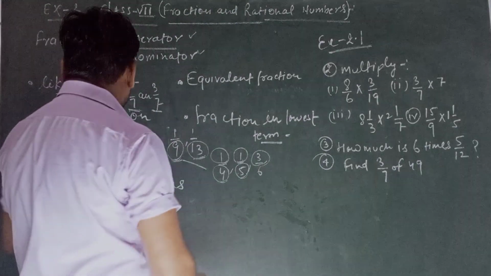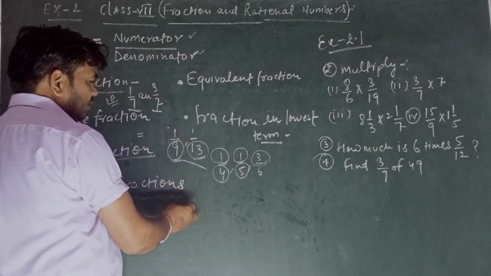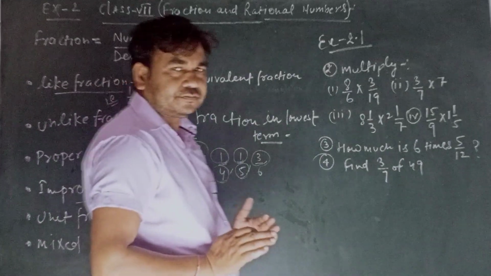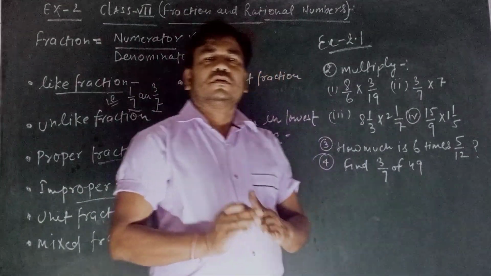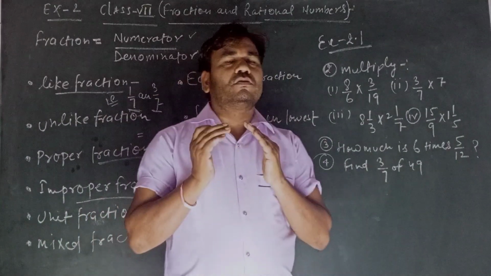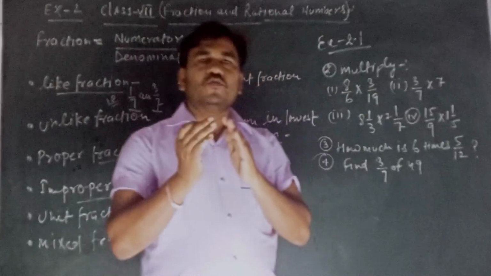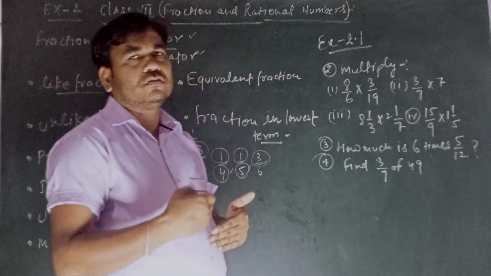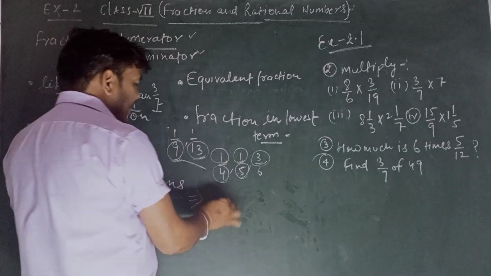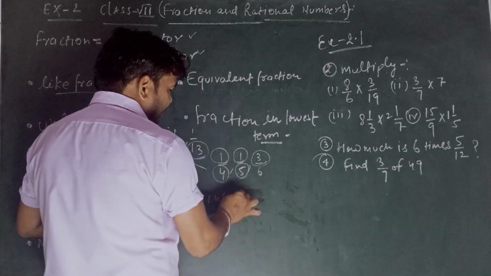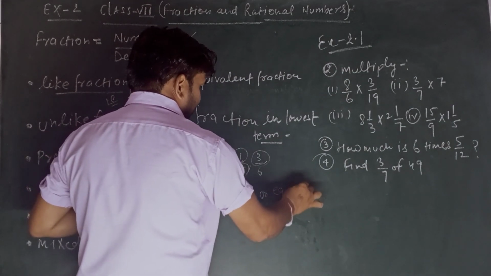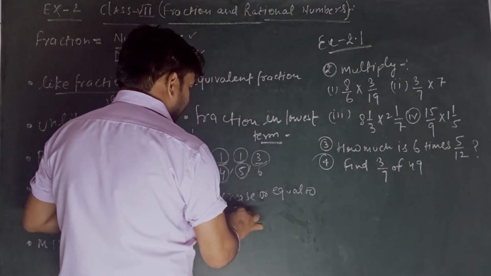And after that we discuss the improper fraction. In an improper fraction, the numerator is either greater than or equal to the denominator.